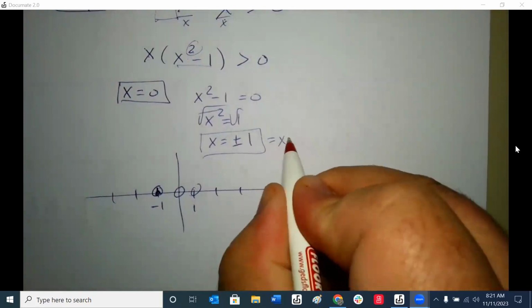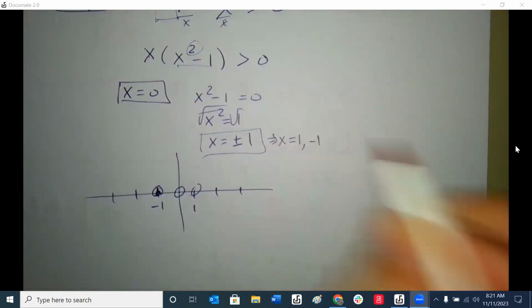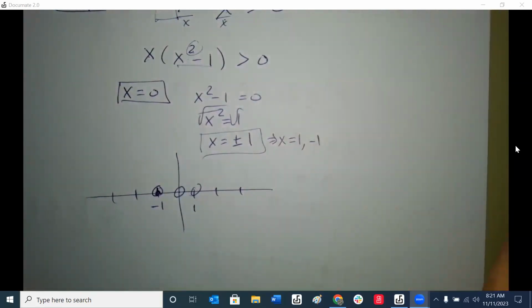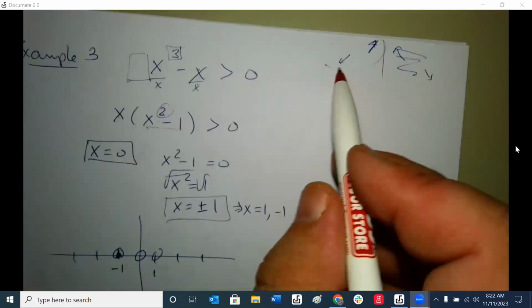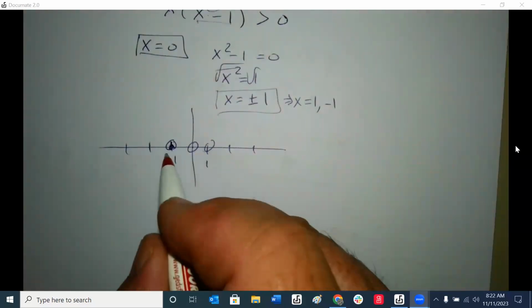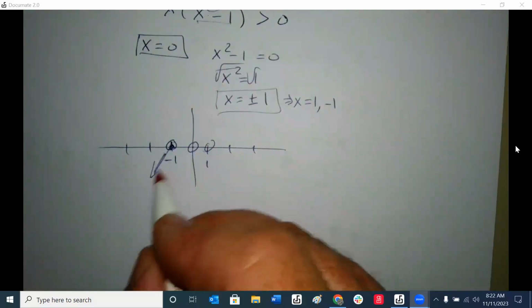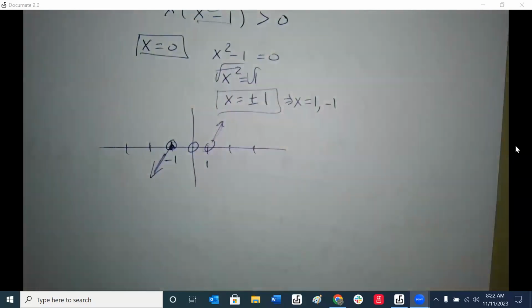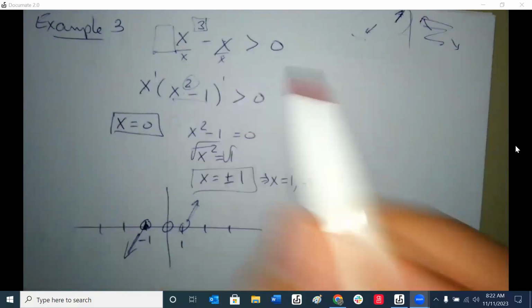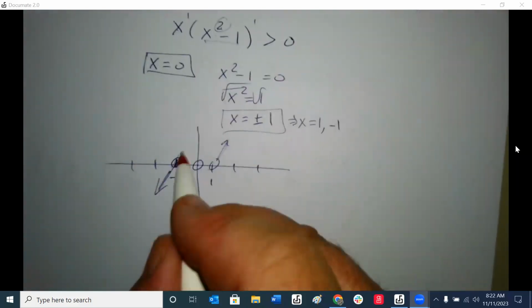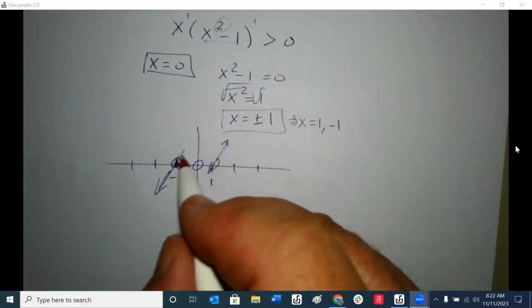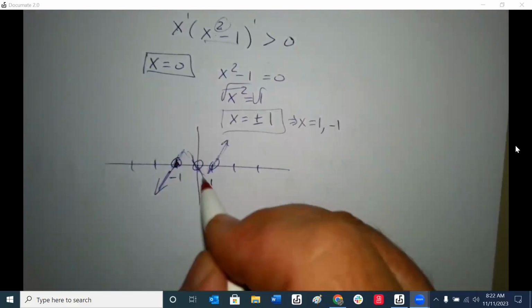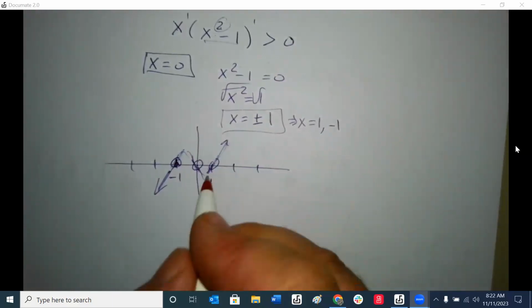Because this one here is x equals 1 and -1. Since we know the end behavior, from this point it goes down, from this point it goes up. The multiplicities are 1, so they cross at all of these. So our graph looks something like this.